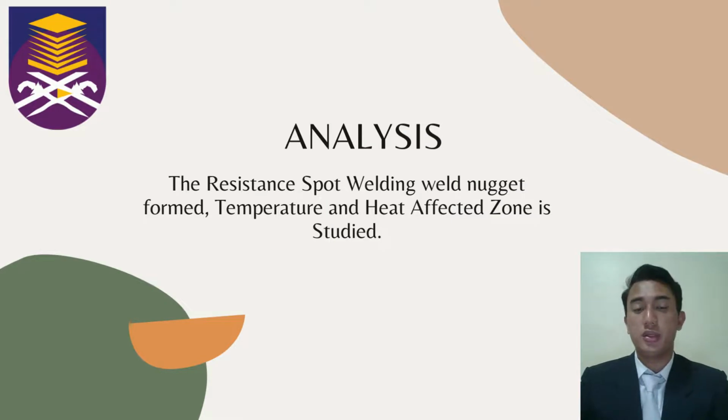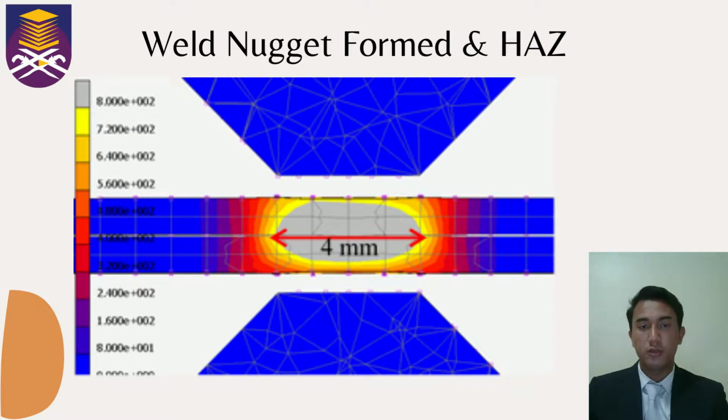This is the third section of my presentation, which is the analysis. This section will focus on the resistance spot welding weld nugget form, the temperature and heat affected zone of my study. As for the weld nugget form and heat affected zone, the diagram shows the formation of the weld nugget size.